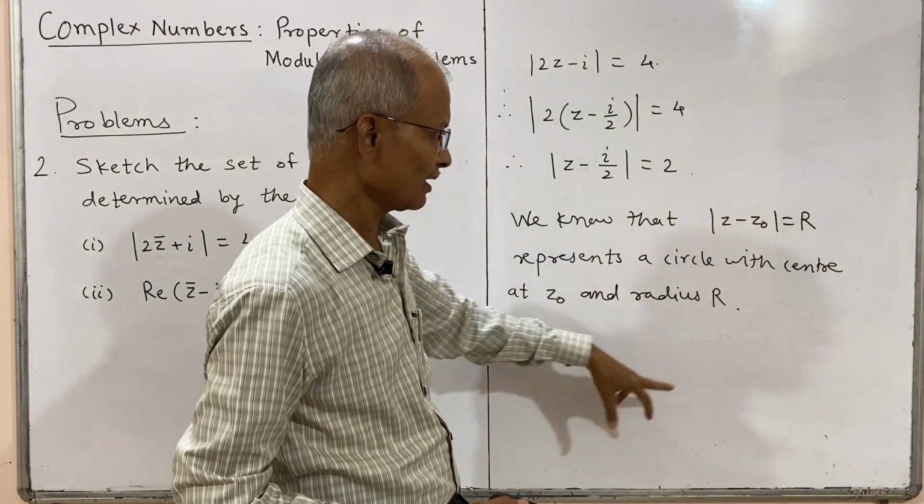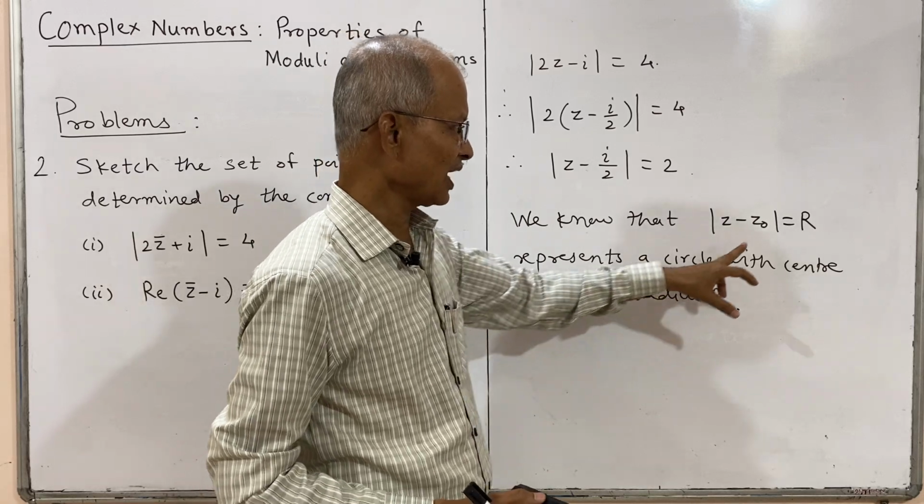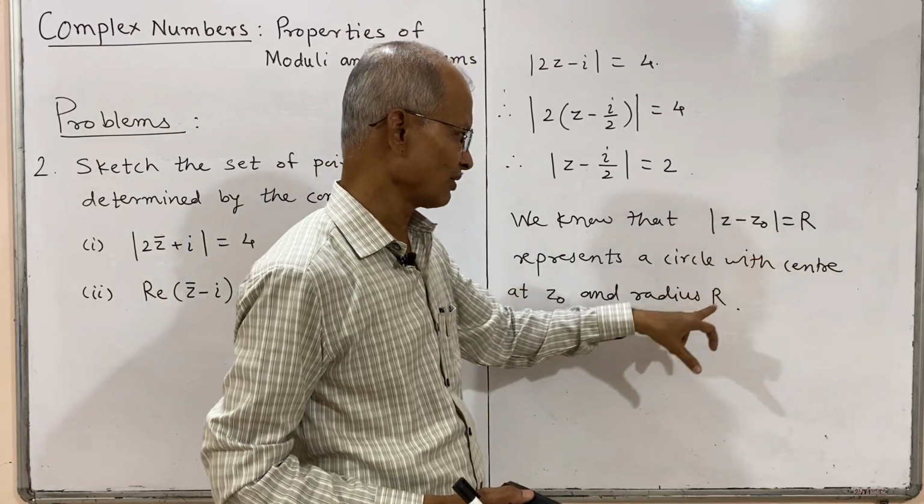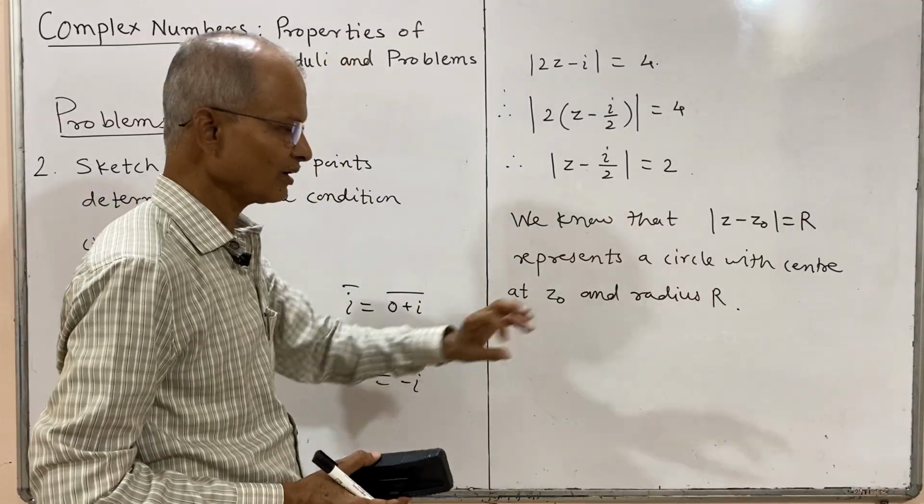All the points which are at distance r from z naught form a circle with center at z naught, radius r.